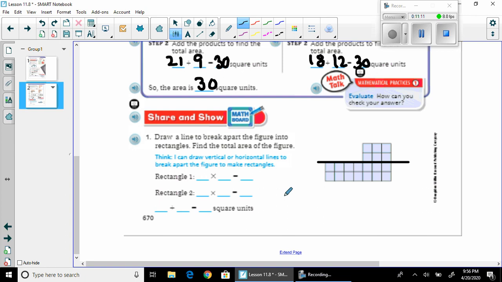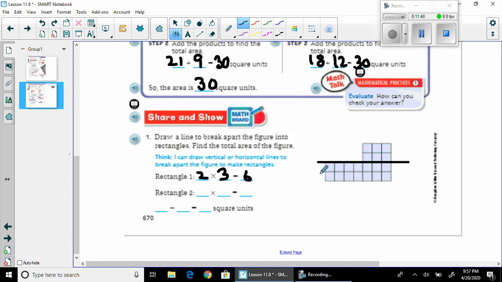And here is going to be rectangle 1 or figure 1, and here is rectangle 2, okay? All right, so again, you work with your length first and then your width. So I have a length of 2, so my first factor is going to be 2. And then my width is 3. Okay? All right, so 2 groups of 3 is 6.